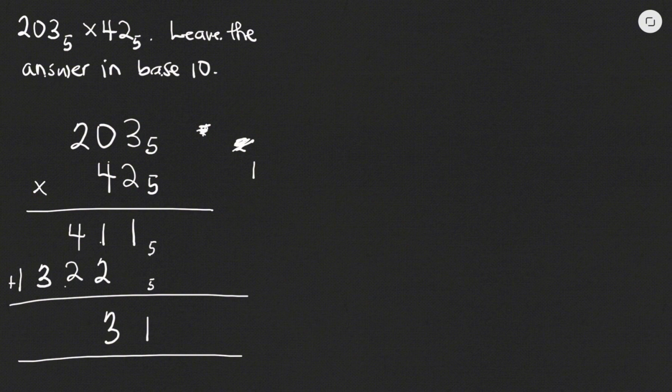It will go there 1, remainder 1, so we write down the remainder and we carry this 1. So we have 3 here, plus the 1 that we carried is 4, then write 4, then we have 1 here plus nothing, so it's 1. So our answer, after we multiply 203 base 5 by 42 base 5, will give us 14131 base 5.